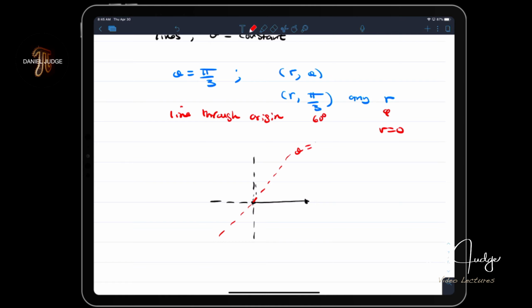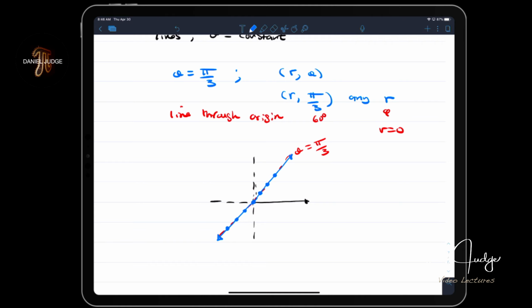This is theta is pi over 3. Any radius value. That includes radius is 0, radius is 1, radius is 2, radius is 3, radius is negative 1, negative 2, negative 3 across. So what you're looking at really is, for any radius value, because the radius is a real number, a line through the origin.